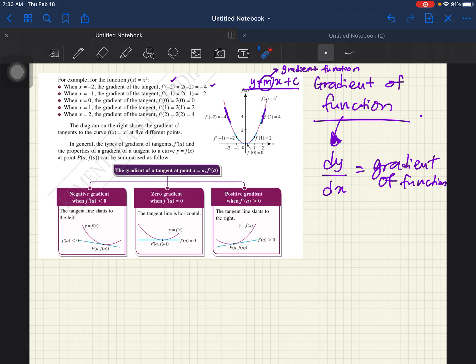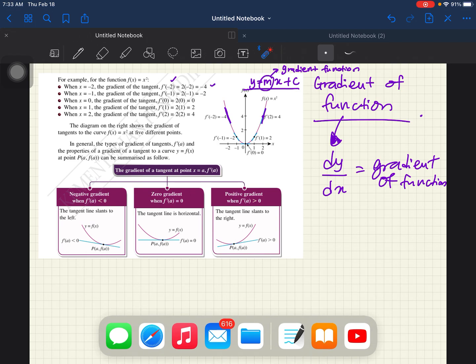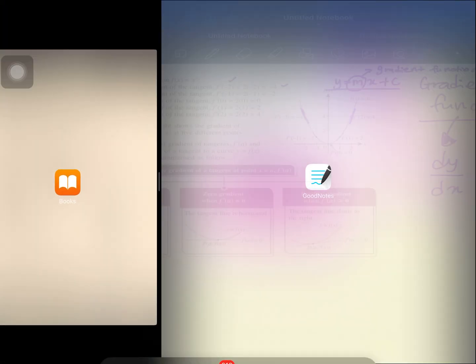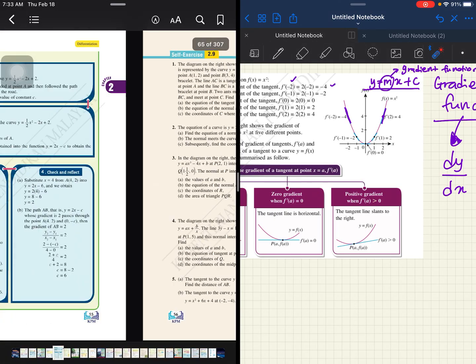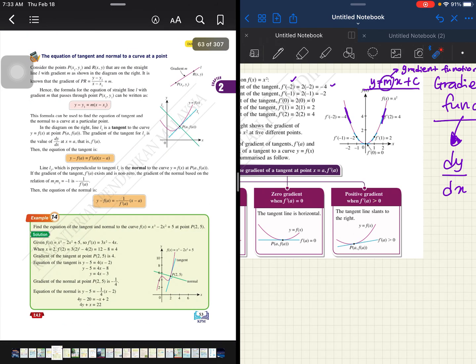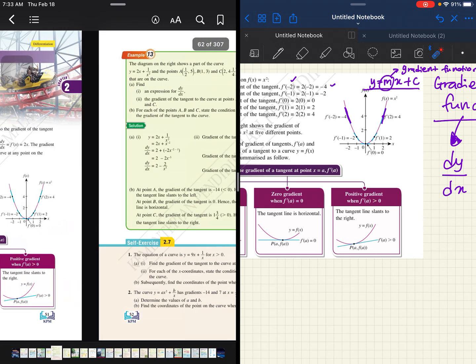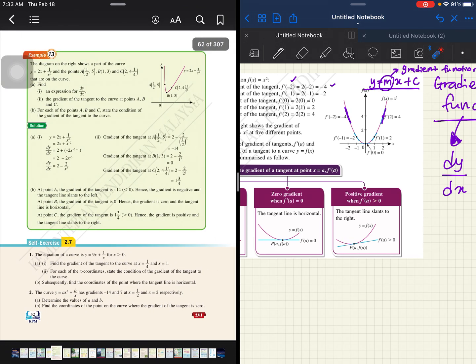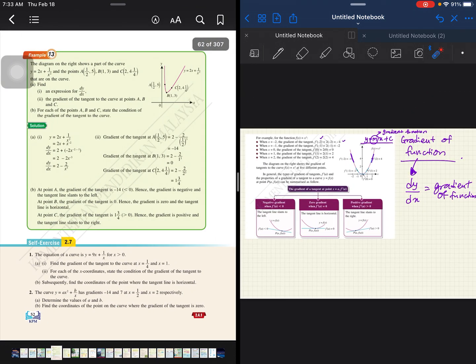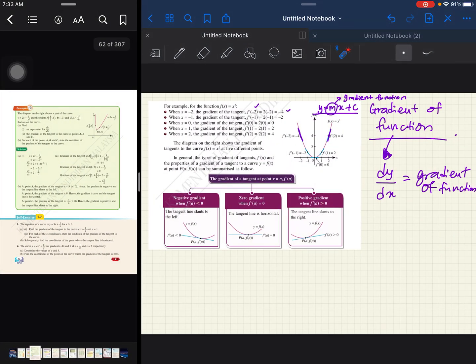Okay. So ini dah contoh betul lah ni. Okay. So contohnya kita nak cari gradient function. Okay, kejap. Buka buku sekejap. Ada tak contoh gradient function? Okay. So nak cari gradient equation of tangent ni sebenarnya ialah contohnya, okay.